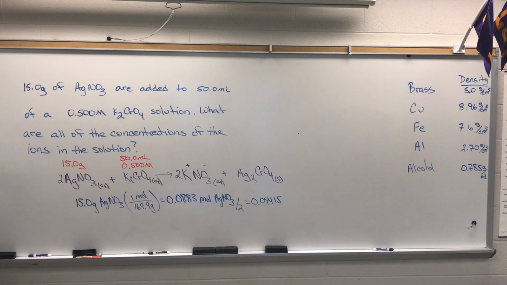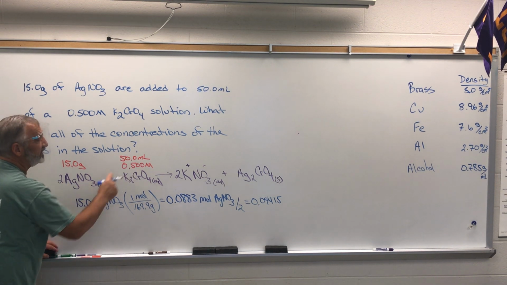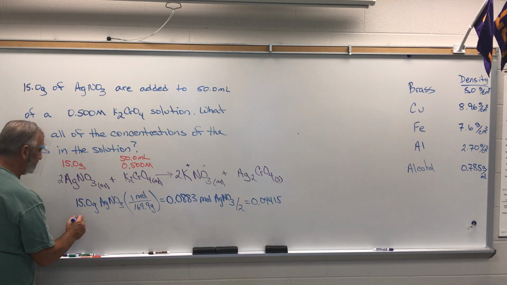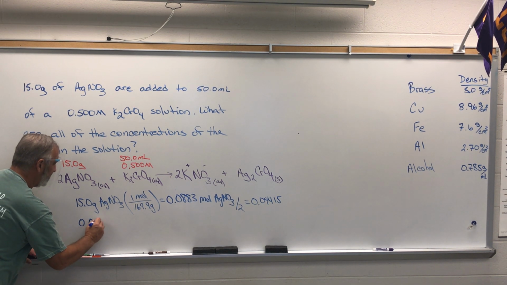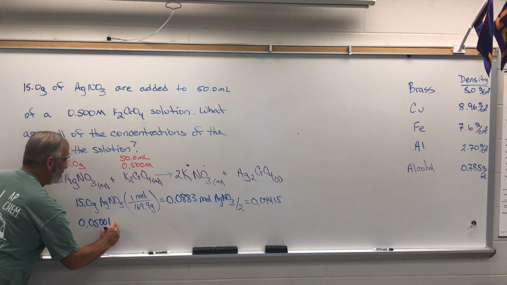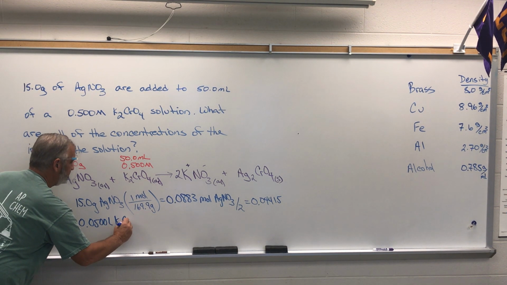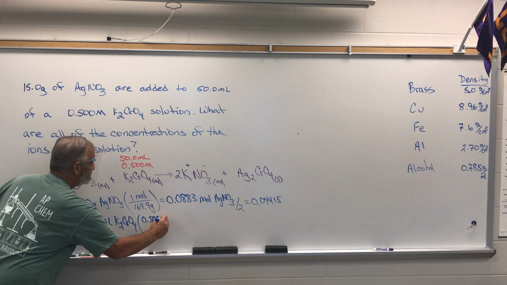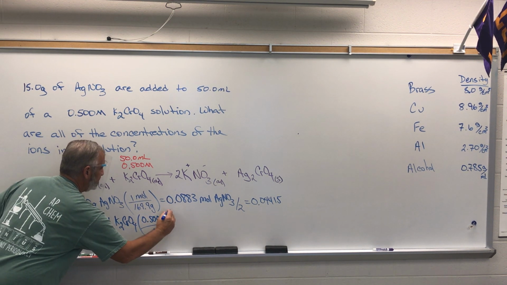Okay? Now we do the same thing, but this time I have milliliters, so how do I convert that to moles? With a molarity. Okay? 0.0500 liters of K2CrO4 times 0.5 moles for every 1 liter.